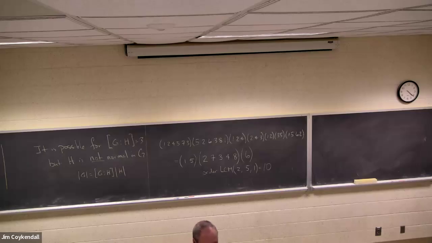Anybody want to remind me what Cauchy's theorem says? There's a positive prime that divides n, which is the order of a finite group, and there's an element of that prime order.